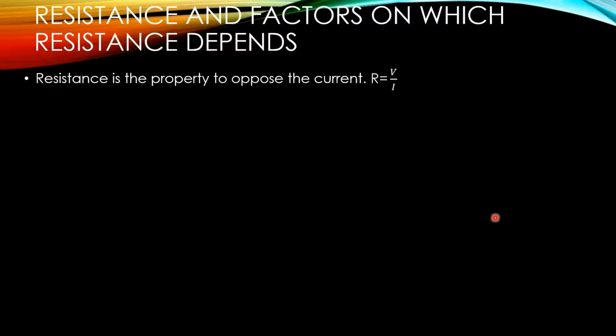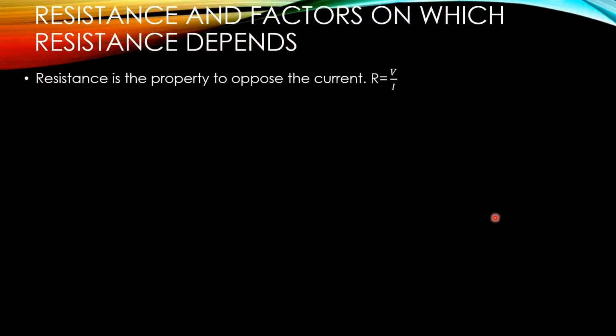Resistance is a property which does not allow the flow of current through a conductor. A resistor is a substance and resistance is a property. Resistance is a property of a substance which resists the flow of current through a conductor.